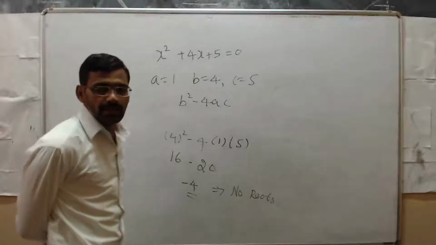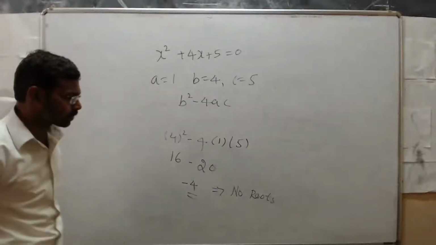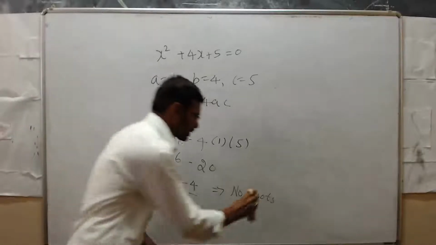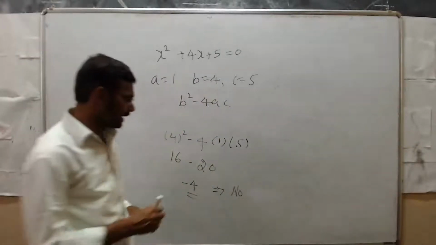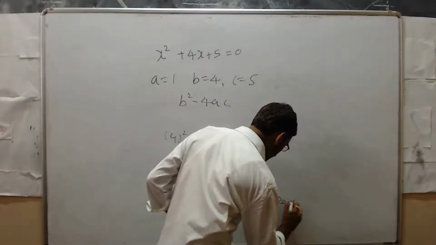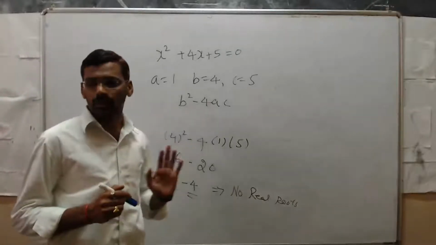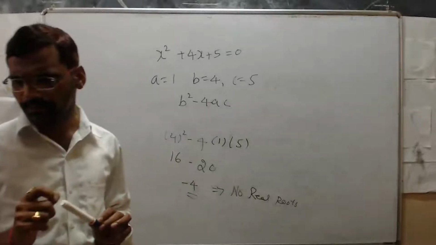This quadratic equation has no real roots. No real roots. When is it possible? If b square minus 4ac is negative.